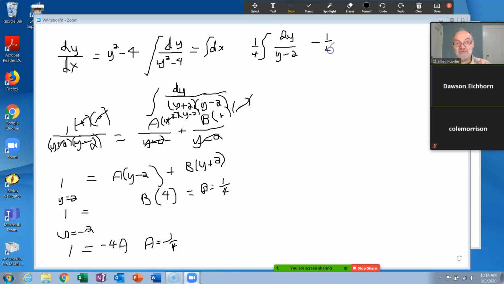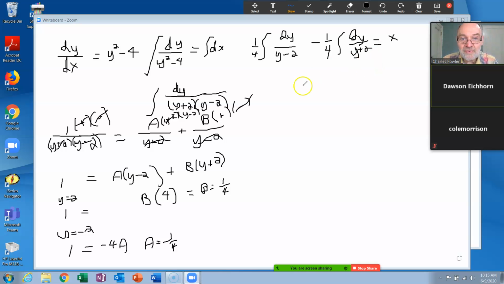I'm skipping some steps here just because I hate writing with my finger, okay, and that would be dy. Oh, that's an ugly d again, isn't it? dy over y plus 2. Okay, and that's supposed to equal, on the right-hand side, just x. The antiderivative of dx is x. Okay. I probably jumped the gun on doing that because I really should put a plus c out there, but I don't think yet.